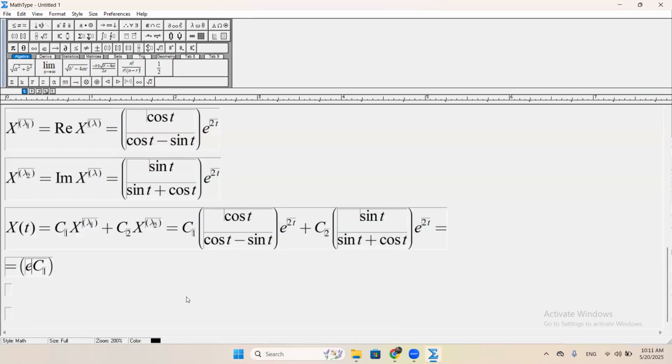So e to the power of 2t, C1 cosine of t, plus C2 sine of t.